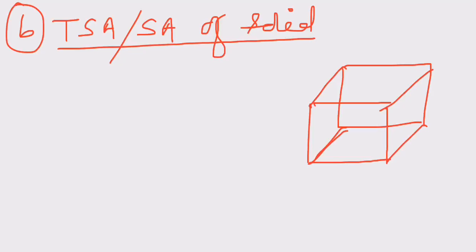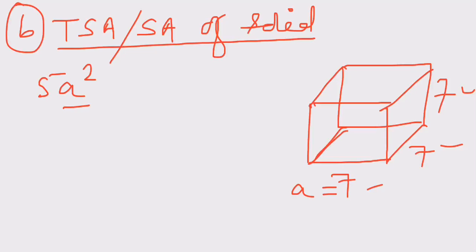There is no doubt in that. Each edge was 7, 7, 7. So the area of 5 faces is 5 into a square, if suppose each edge is a. For the 5 faces, bottom, left and right, front and rear, there is no such problem.